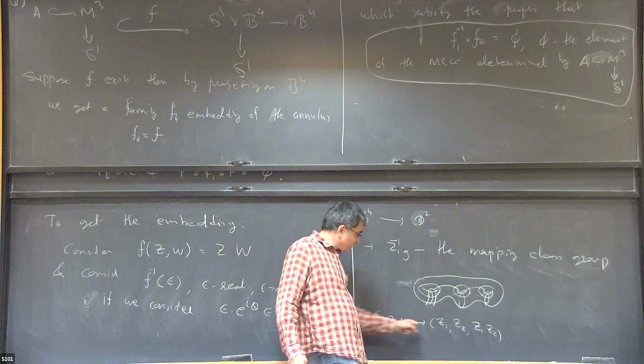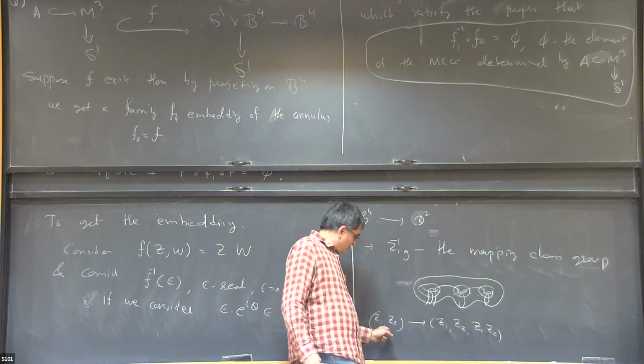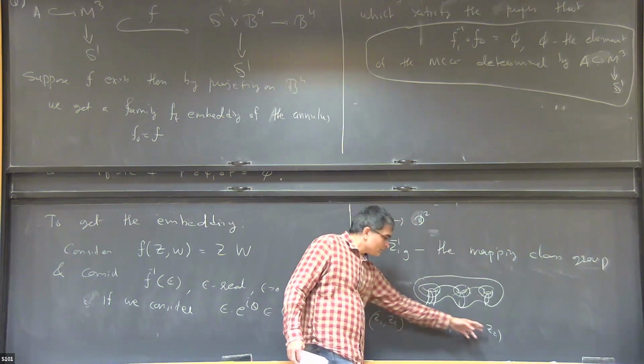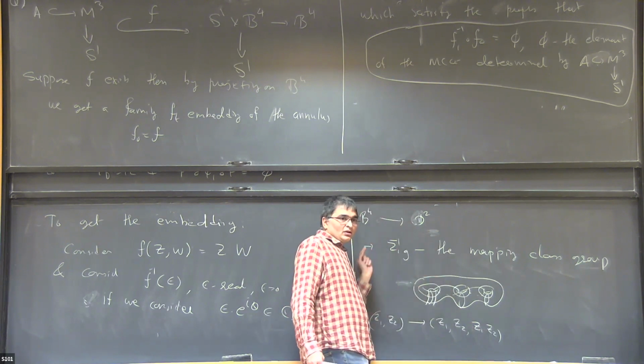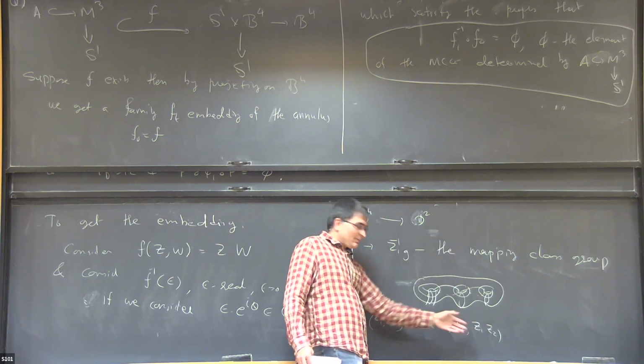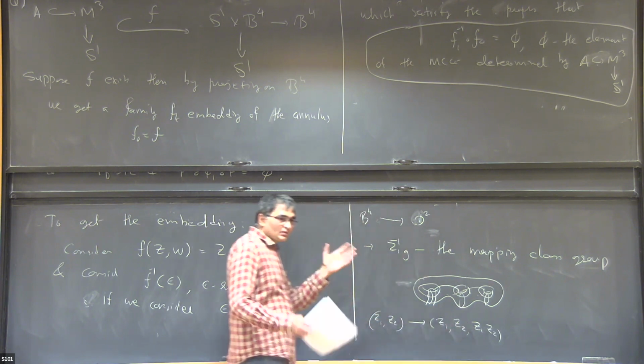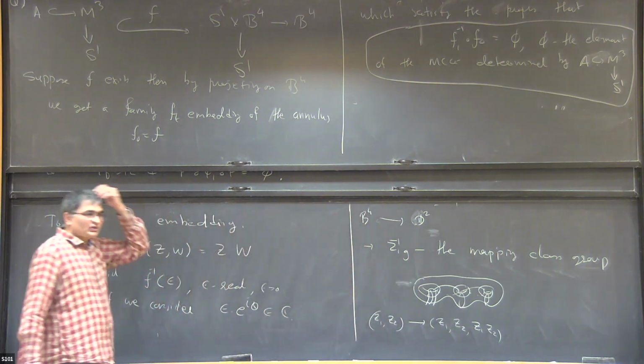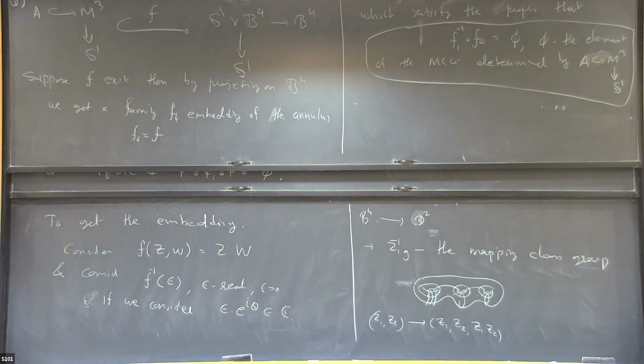You take this kind of diagonal embedding, and you can check that all that we have produced matches with this embedding, and so there is an extension in the parts where the fiber bundle structure is not defined. And this produces an embedding of all 4-manifolds that admit a Lefschetz fibration.